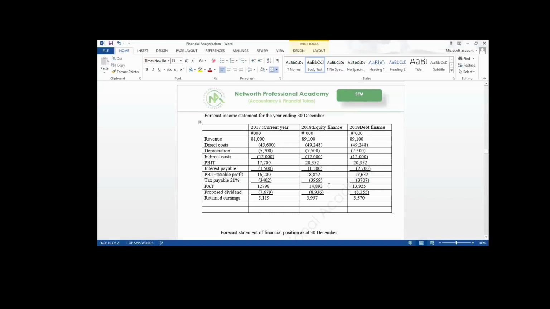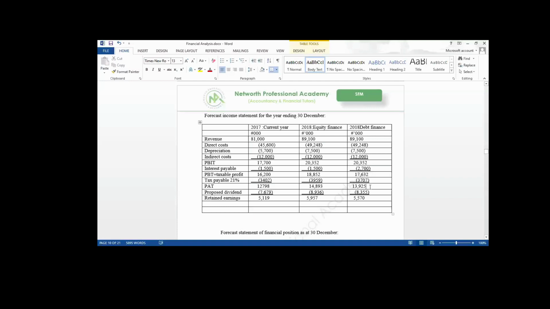What do you have? That is proposed dividends. 8,935.8, approximately 8,936. That is how we got this 8,936.